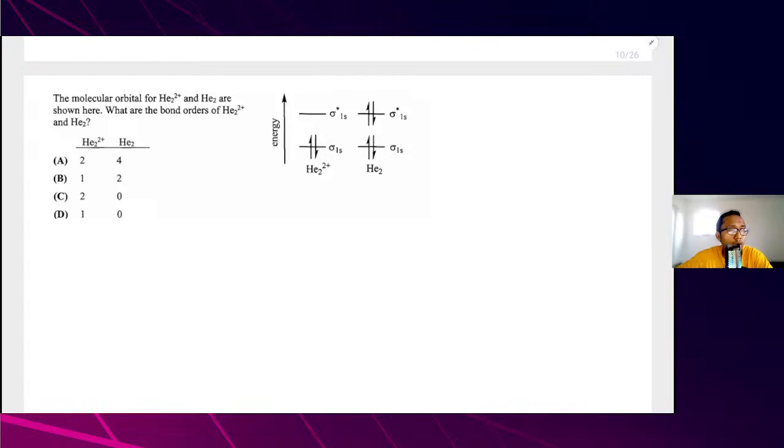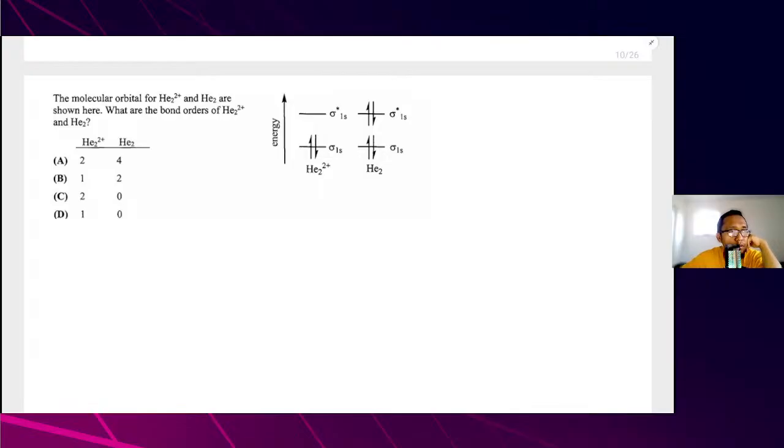First of all, we need to know the molecular orbital diagram and the definition of bond order.